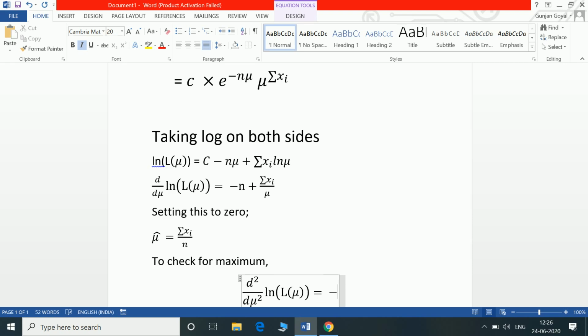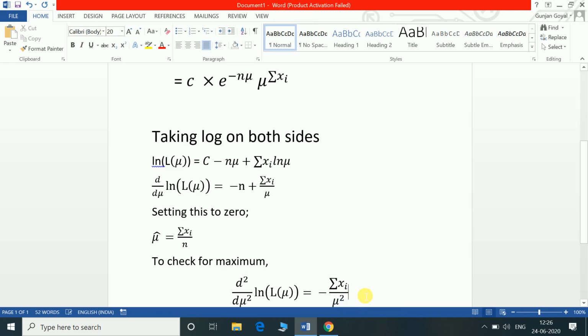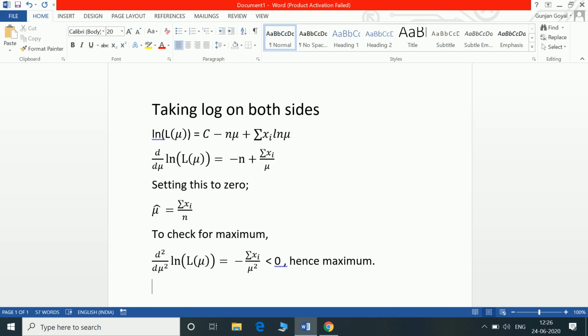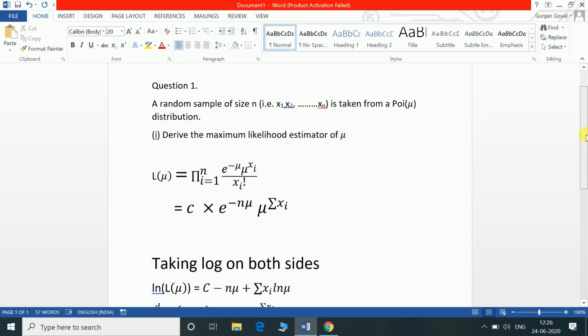Minus, and then I'll copy this part which is already there from your first, which is summation xi by, and instead of n, this becomes mu square. Okay, and since this is a minus sign, this is less than 0, hence maximum. Okay, so this is very easy when you do this. So this was your maximum likelihood estimation from CS1.